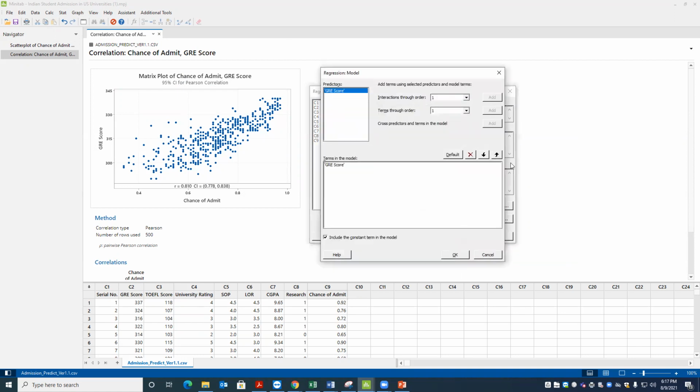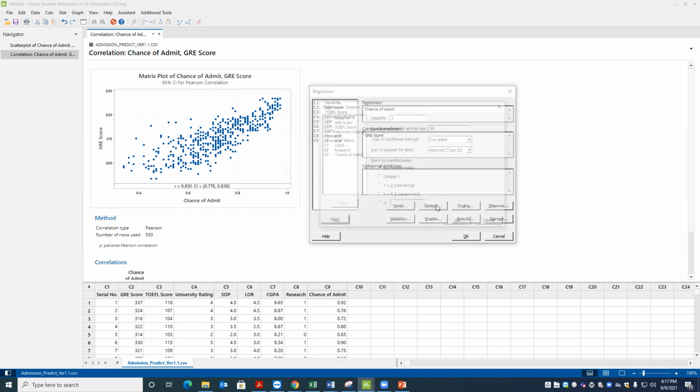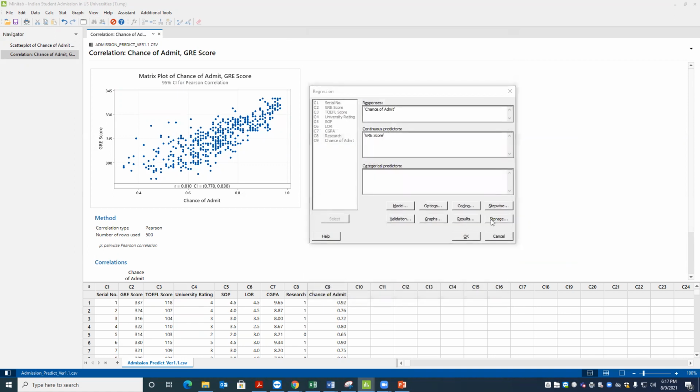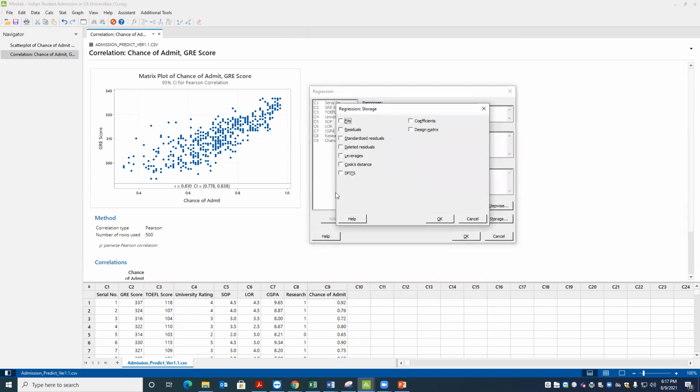Here we have different options, and under this option, you need to do one more thing, which is storage. Here you have all the residuals and so on. So you just select these two things, because we are going to make some plots.